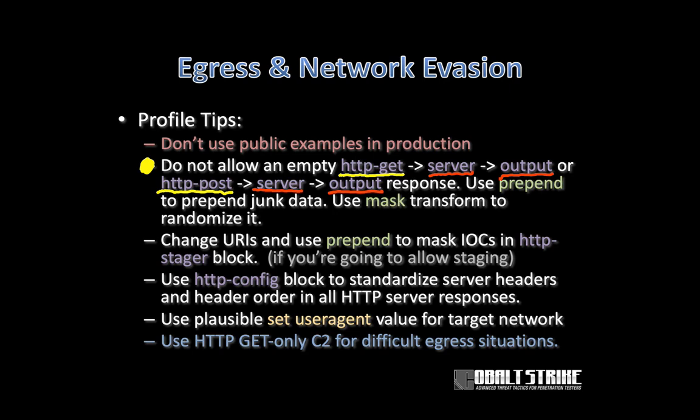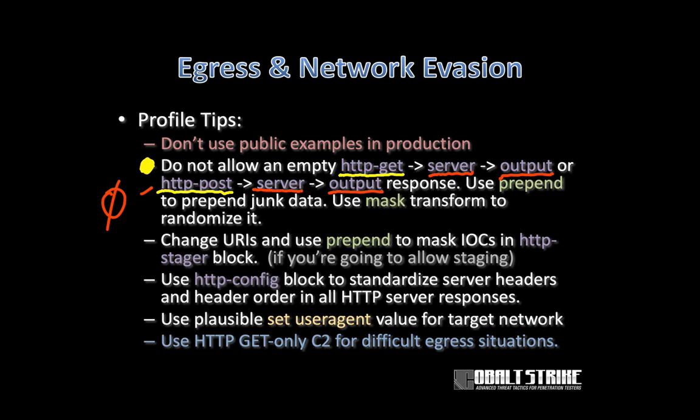And by default, they do nothing. Where this is relevant to you is that the HTTP POST block always returns no data. So if you don't do anything, every time beacon sends data back to its controller, it's going to get an empty server response.